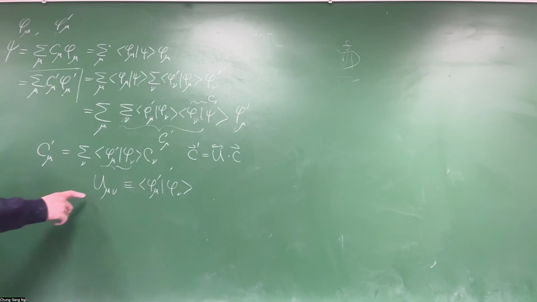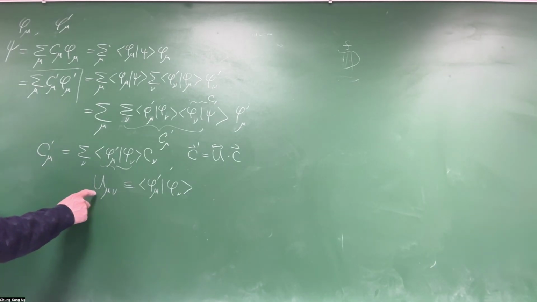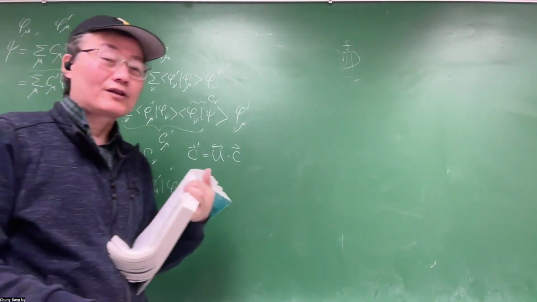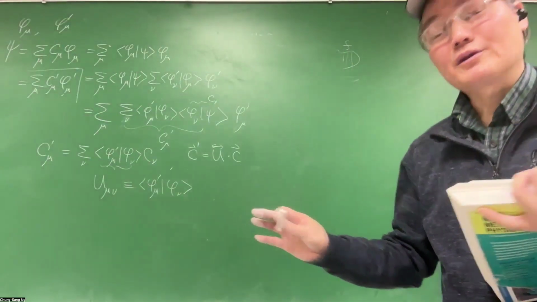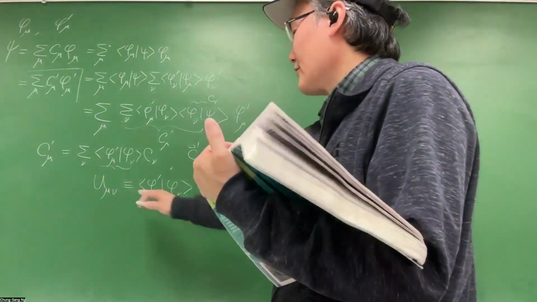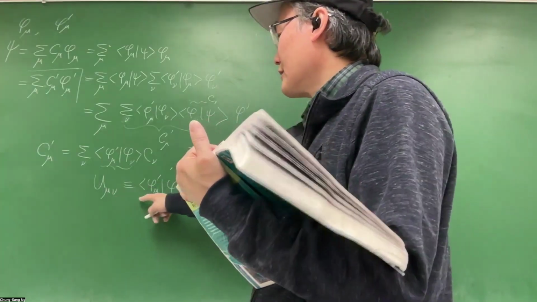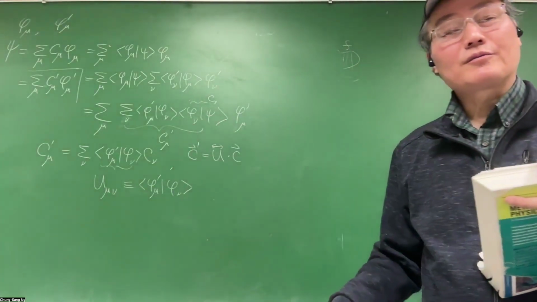So it's different from the original unitary operator in the same basis that I just erased. This is not the elements in a single set of bases. This is a dot product between the basis vectors of the two sets of bases. And this is just like what we have in the transformation matrix.